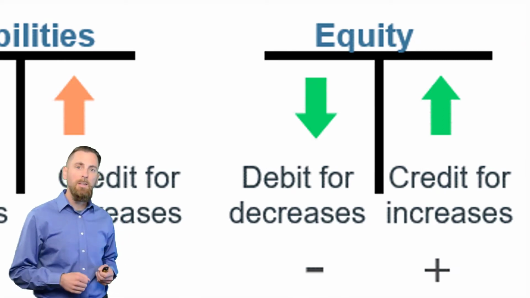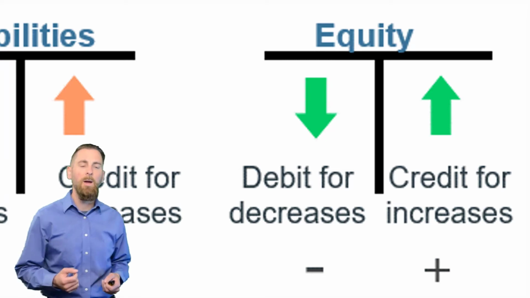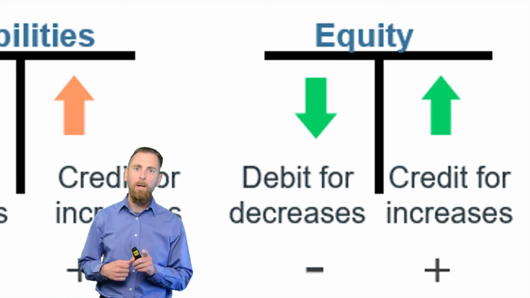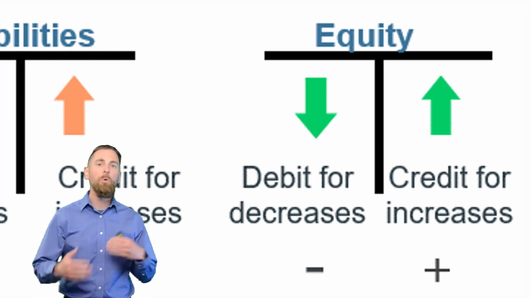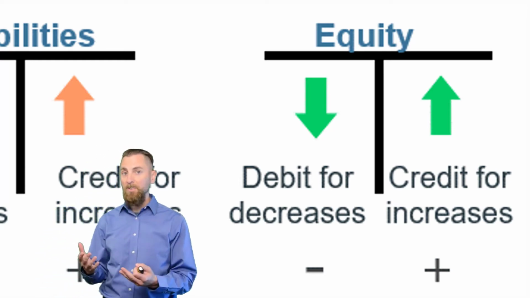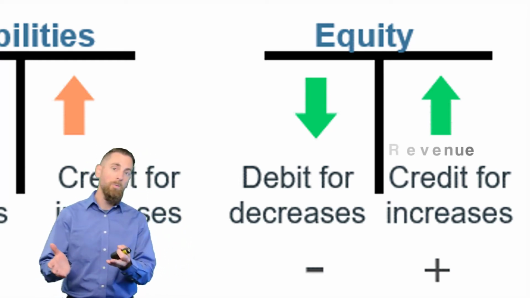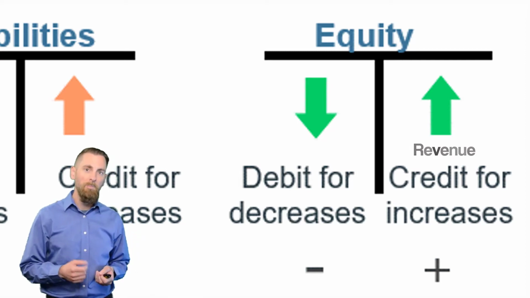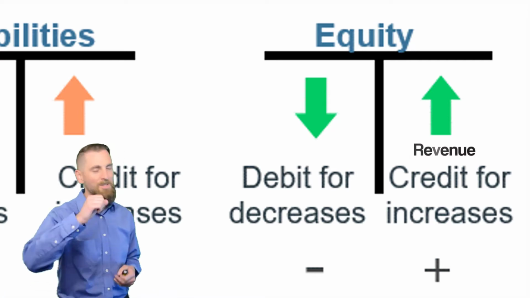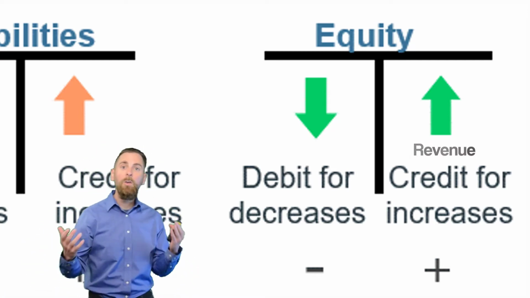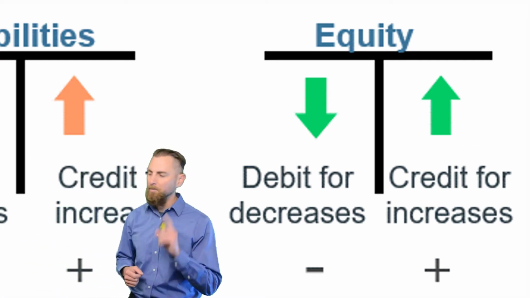Because if we just look at the accounting equation, we say, well, that's easy for equity. The challenge is figuring out, does this account that goes towards equity increase or decrease equity? For example, revenue is one of our accounts that ends up in equity. It increases equity, so we're going to, I heard you say it again, great job. We're going to credit revenue.